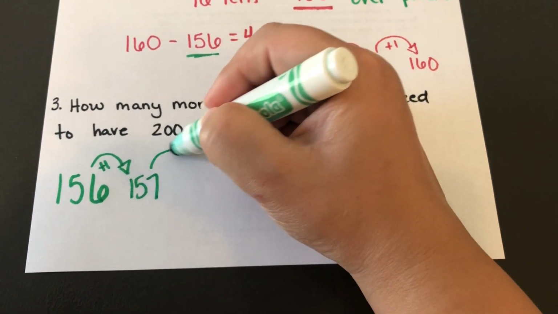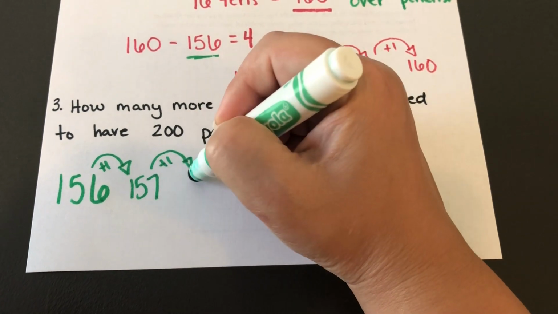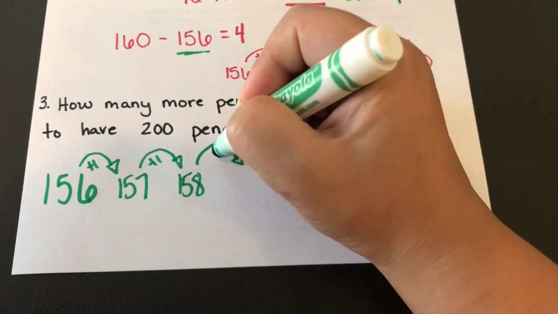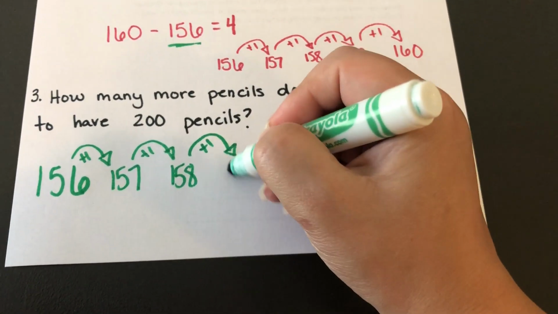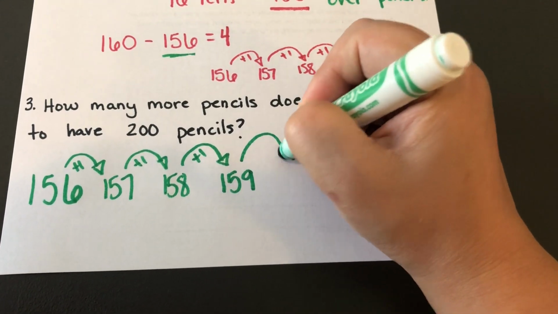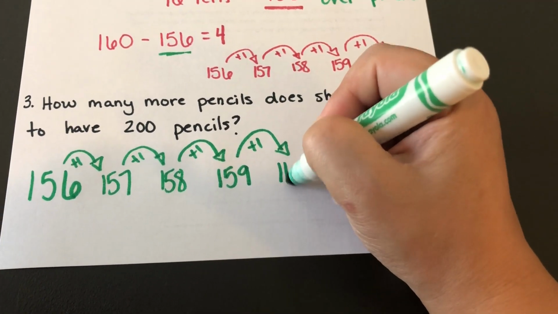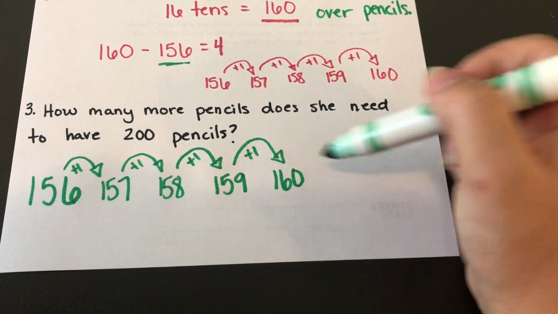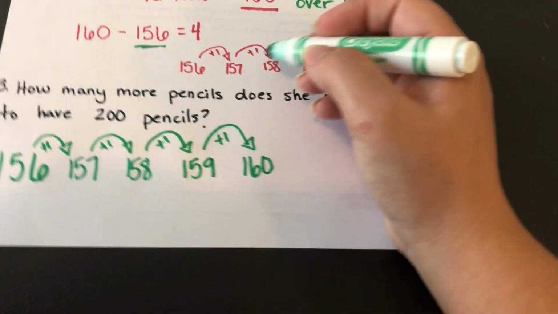157, 158, 159, and now I'm at 160, which is a benchmark number. So I'm just going to count by tens now until I get to 200.